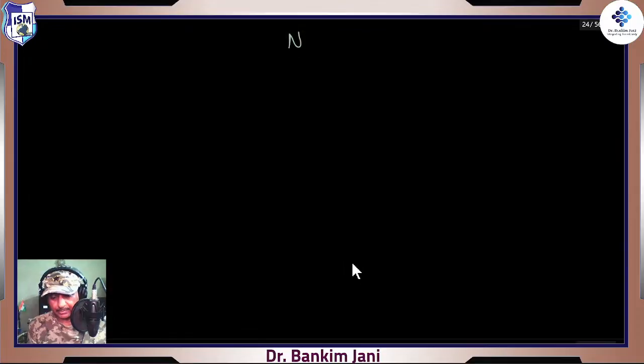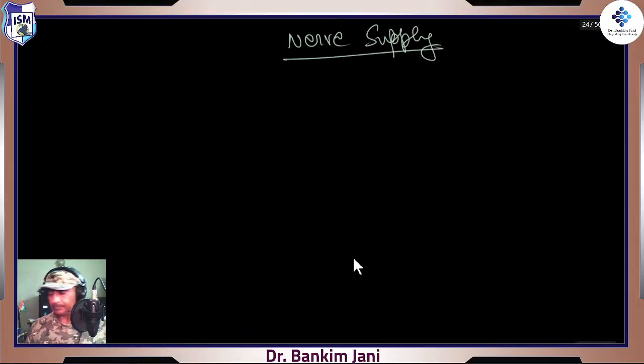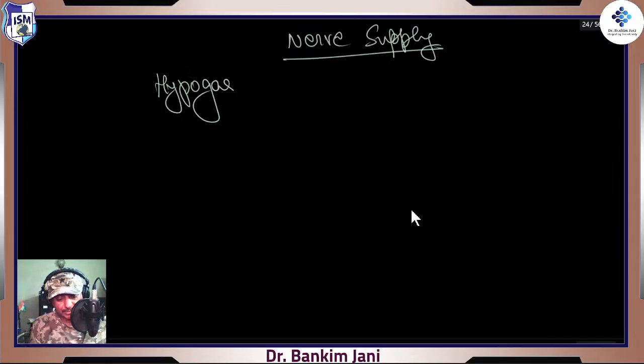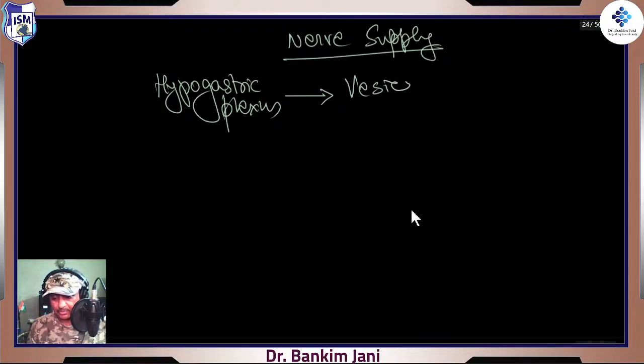When we talk about nerve supply, we said that the hypogastric plexus will actually go in and form this vesical plexus. Vesical means something which is near the urinary bladder.